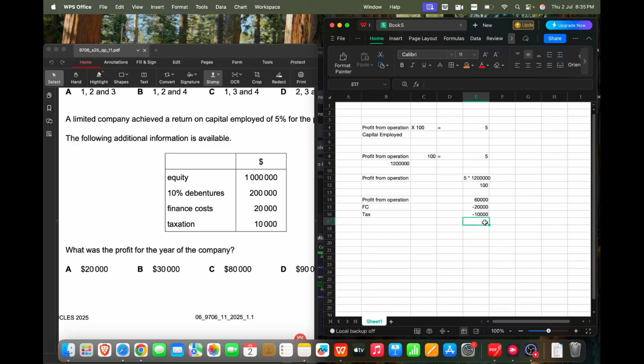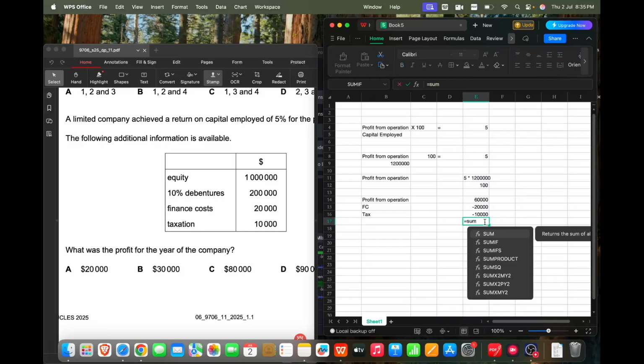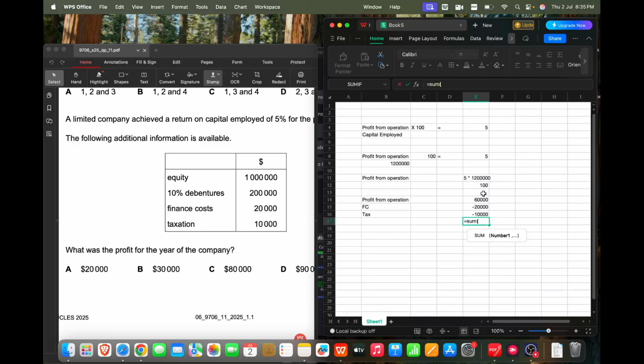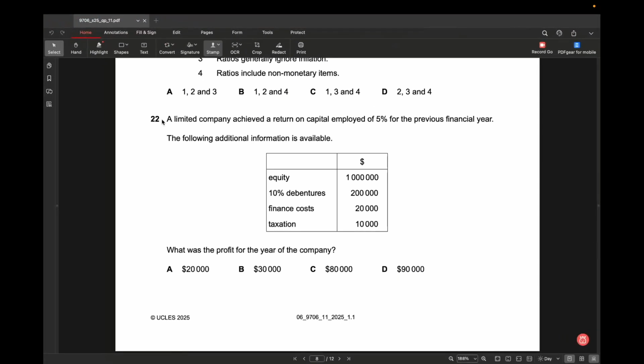Okay, and when we subtract this, we get 30,000 out here. This is my profit for the year. So the correct answer for this question 22 is B.